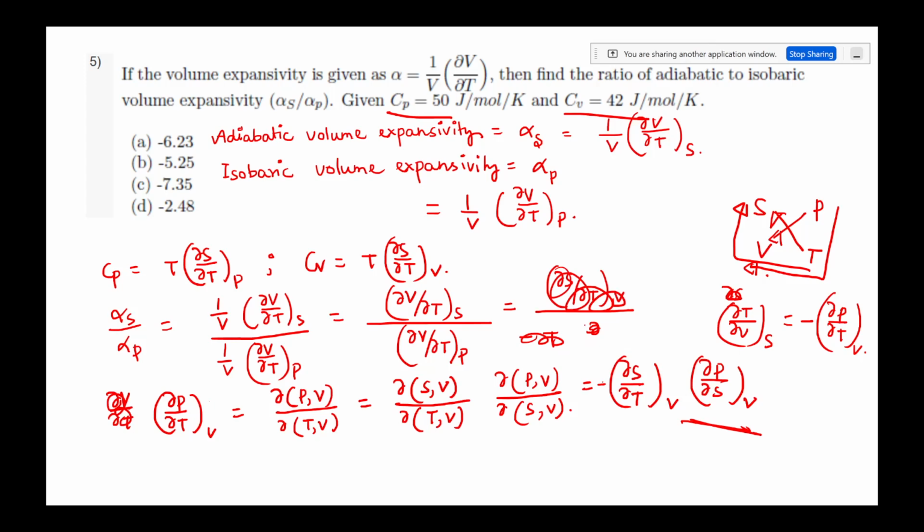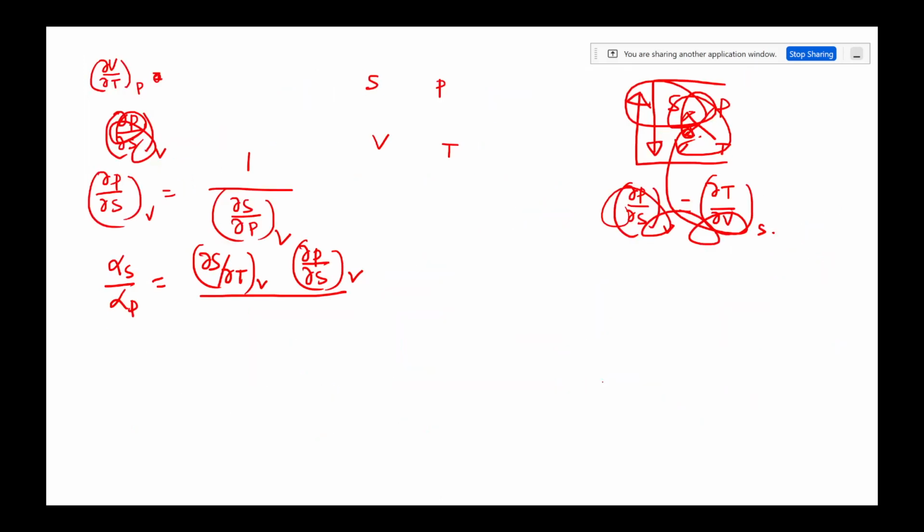Okay. Now, remember, hold on to this point. So there will be one minus del V del T at constant P. Okay. Now you know TdS is equal to dU plus PdV.